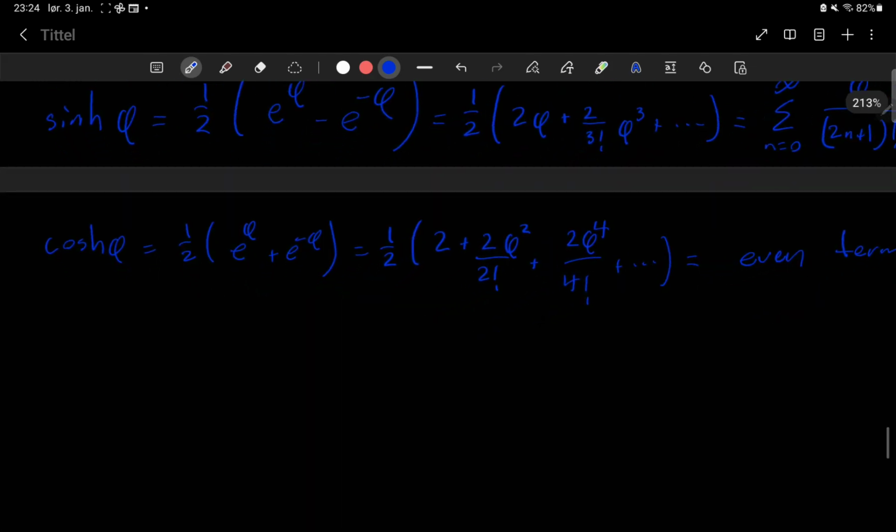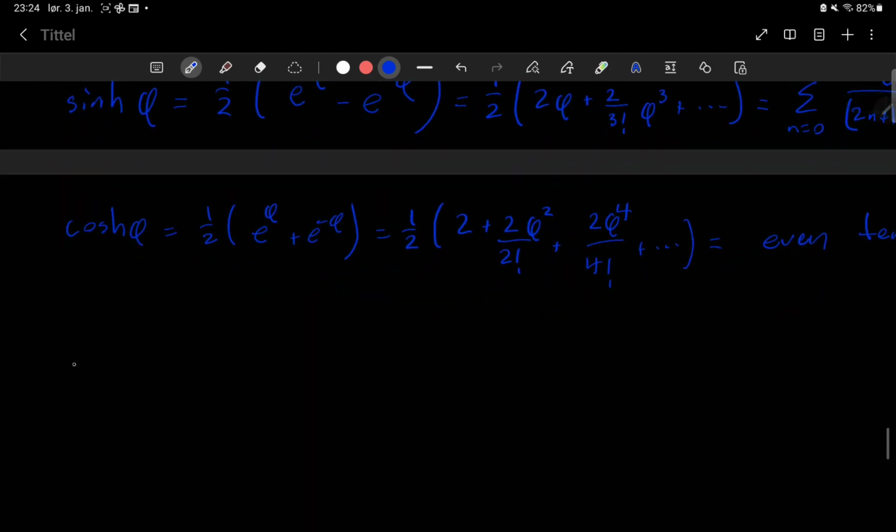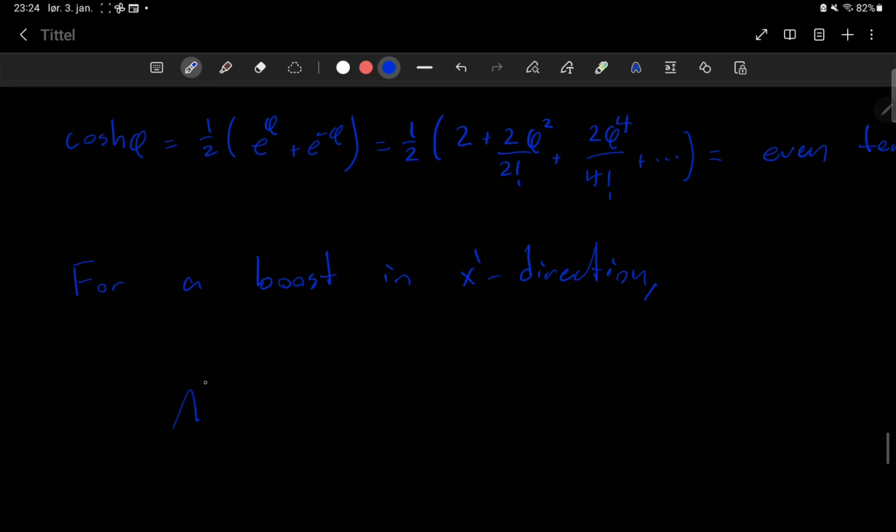Okay. So for a boost in the x1 direction, I haven't said whether it was positive or negative. We can make that identification later. It's a simple argument, and this has gone long enough. Of rapidity phi, I can say plus or minus because I don't know which way.